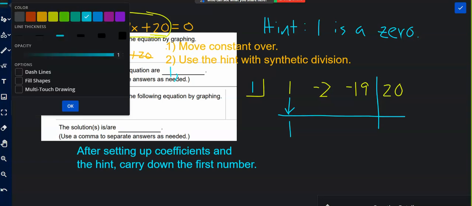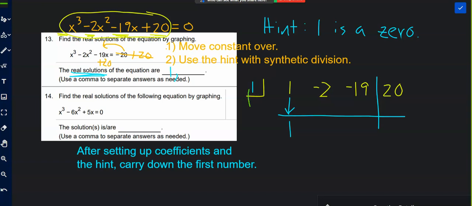All right, now we're going to go through the process of multiplying and adding. So I'm going to take this 1 times this number down here. I'm actually going to multiply these together. And whatever number I get, I'm going to write it above the line underneath the next number. So I'm in the next column over. And now I'm going to add down the column.